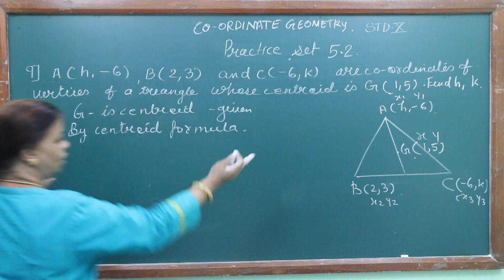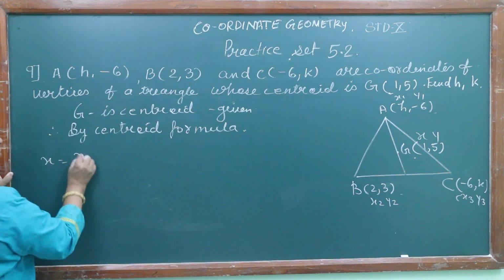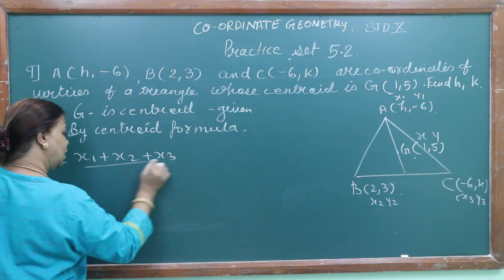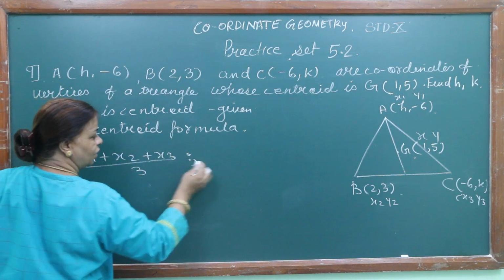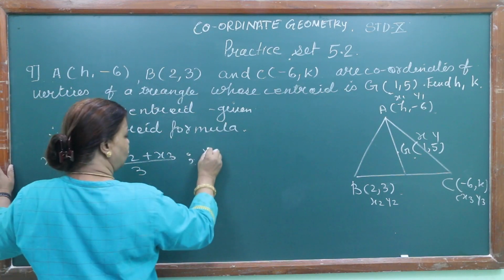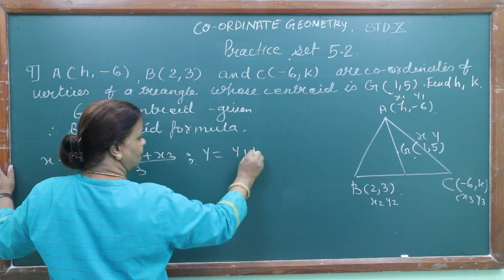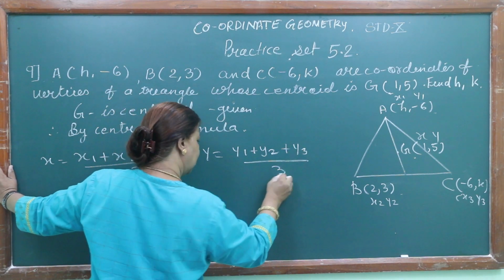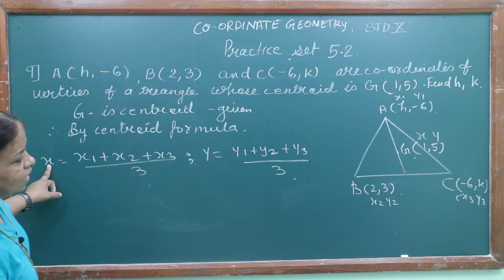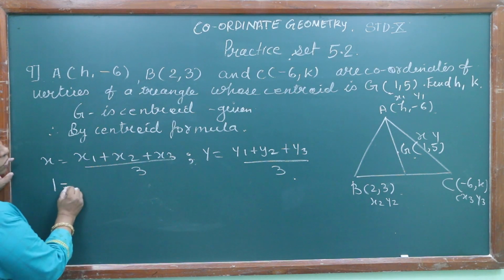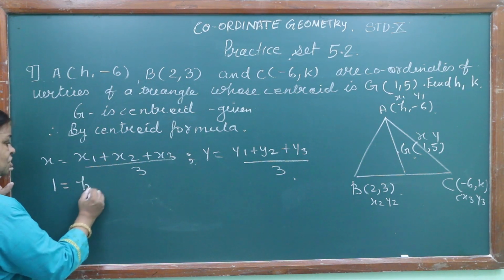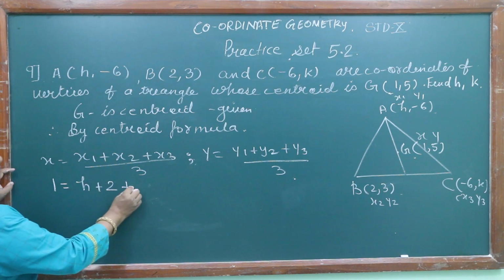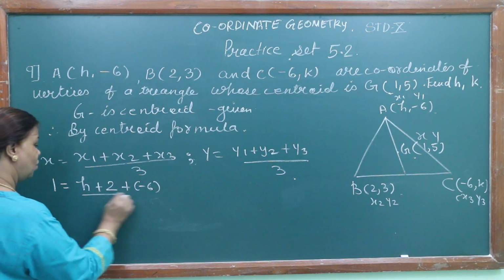So the x coordinate of the centroid would be x is equal to x1 plus x2 plus x3 upon 3, and the y coordinate of the centroid would be y is equal to y1 plus y2 plus y3 upon 3. Now place the values, children. X is 1. 1 is equal to x1 h plus x2 is 2 plus x3 is minus 6 upon 3.